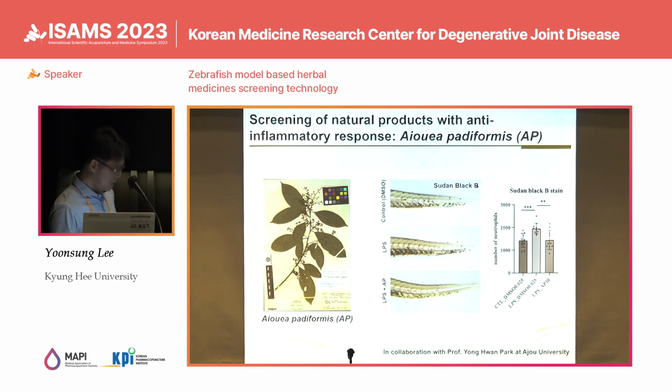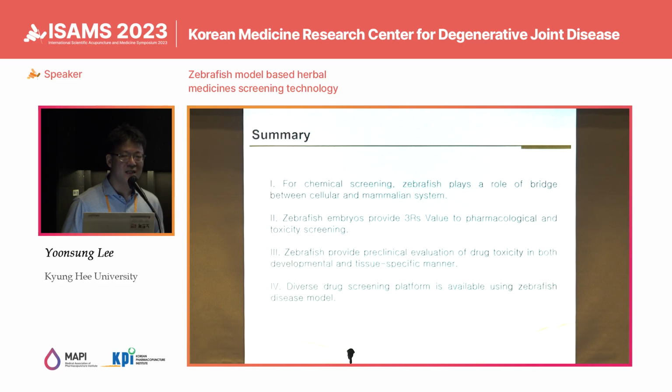And the other candidate, Ioea pardiformis, can also reduce the inflammation induced in the zebrafish model system using LPS treatment, which shows a very consistent effect in cellular and animal models for developing possible natural product effects. So that's the whole thing I have for this morning session.